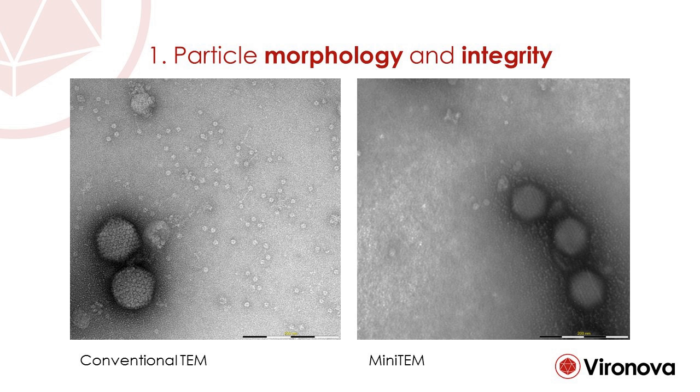So let us show you a couple of analyses that we have done regarding these 3 parameters, starting with the morphology. Here you see, again, images of adenoviruses. On the left-hand side, you have an image from a conventional electron microscope, and on your right-hand side, you have an image from the Minitime system. And here we can see in both images the adenovirus particles, of course.